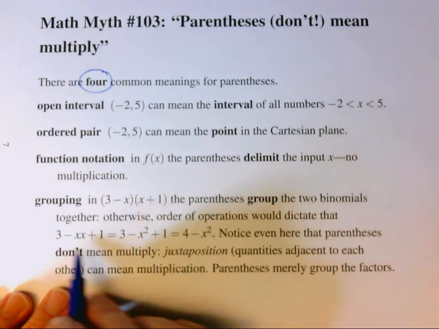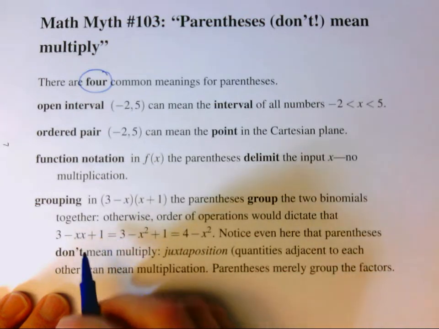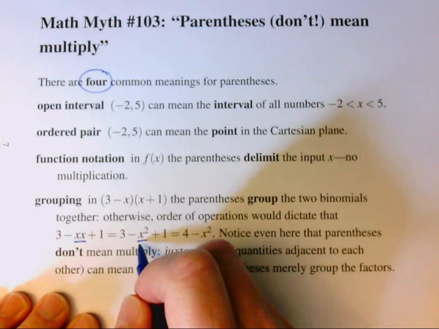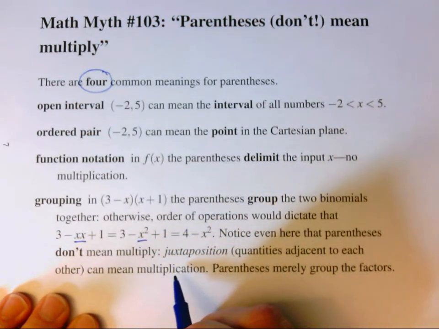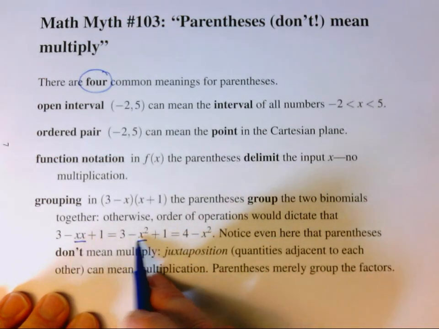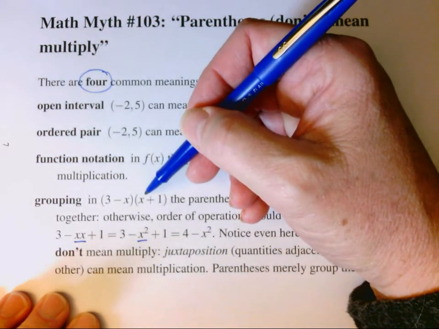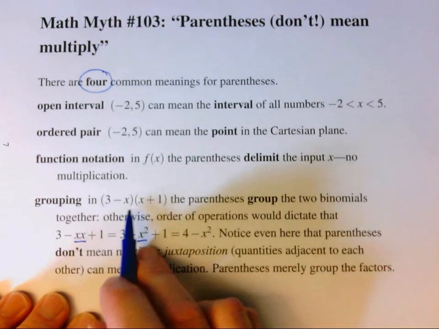Without the parentheses, if you just drop them off, you would have this. And an x times an x equals an x squared. And since multiplication has a higher precedence in the order of operations, that multiplication would go first before the subtraction, which is not what you wanted up here. So even here, the parentheses did not mean multiply, they meant group.